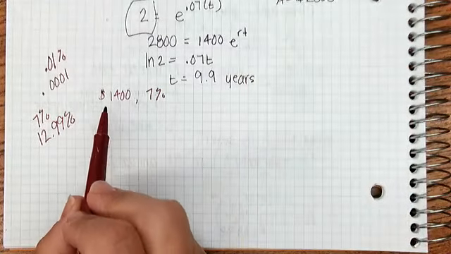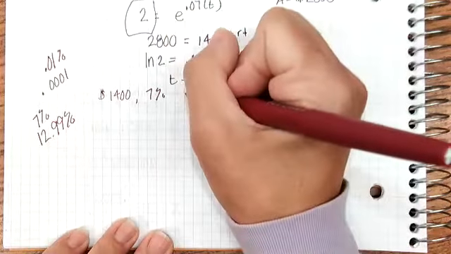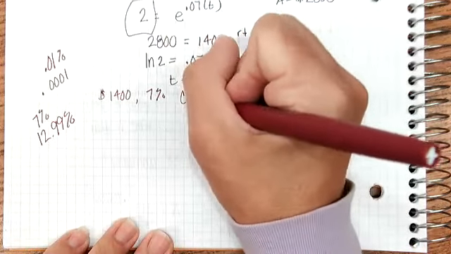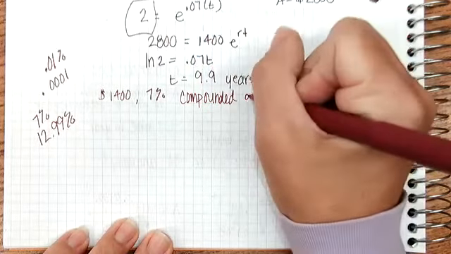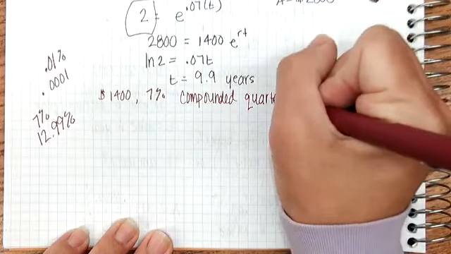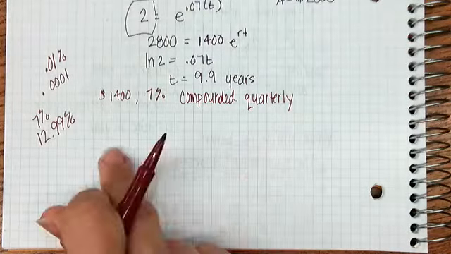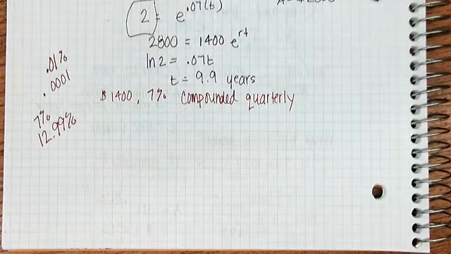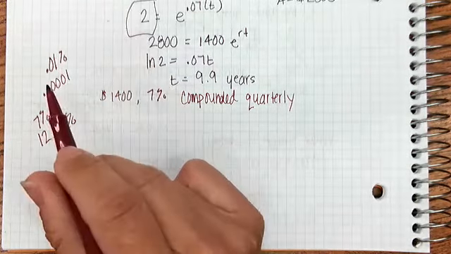So we have $1,400, 7%, and this time, let's say that your interest is compounded quarterly. And I want to know how long it is going to take. So instead of continuous, it's quarterly, and of course, this formula is much more intense. Again, it's going to be 2 because I want to double my money.